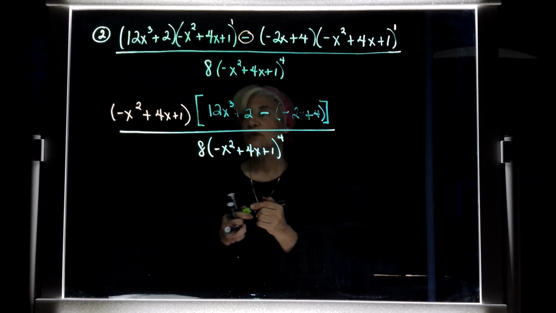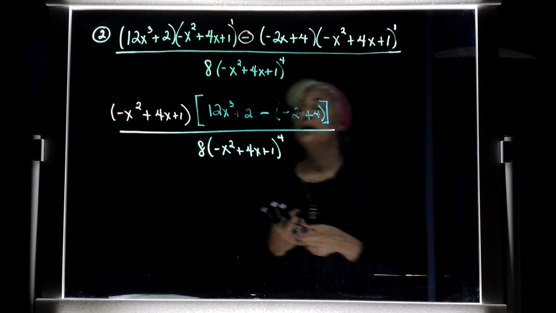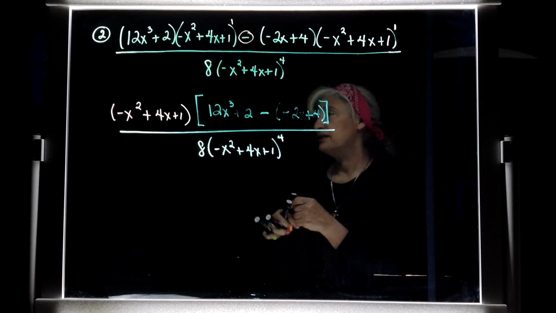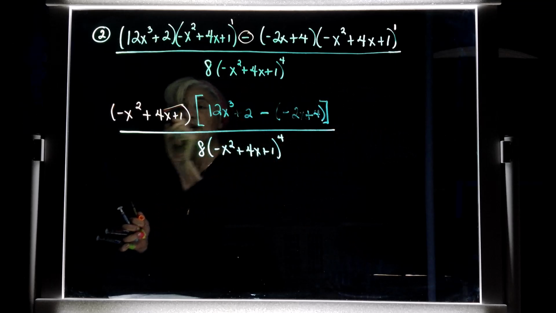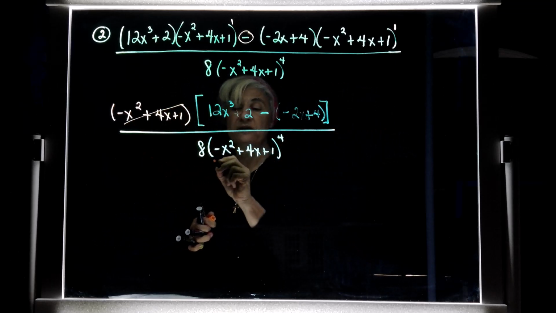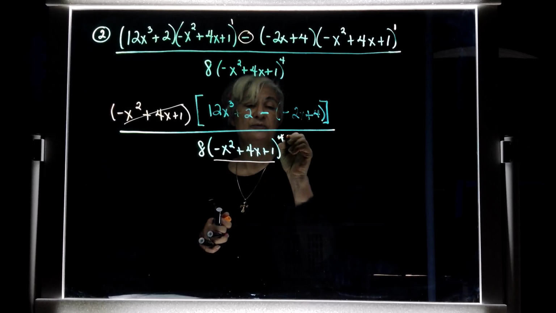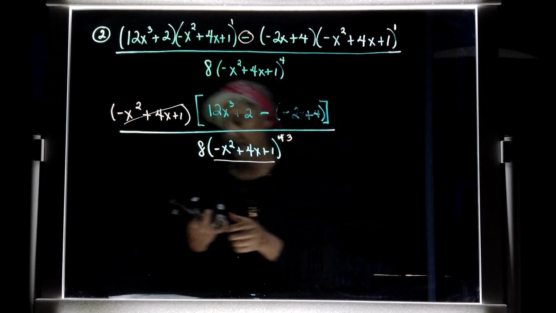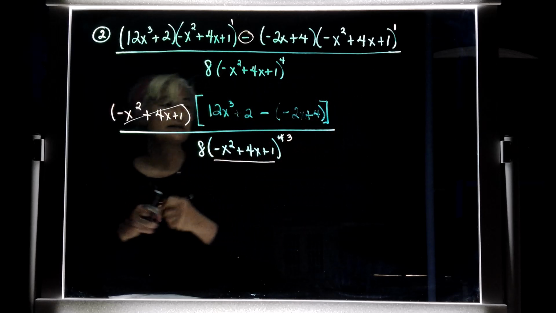Got it. Okay. Can I reduce? I certainly can. This, what we factored out, is going to cancel with one of these parentheses, which makes it now to the power of 3. Agreed?